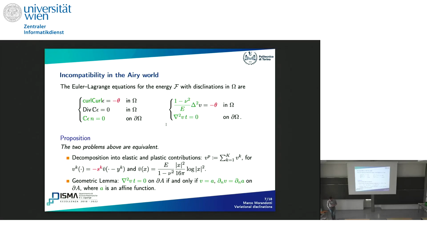And then we can also prove an interesting geometric lemma that says that the boundary condition here, so Hessian applied to the tangent equal to 0, holds if and only if the function v is the trace of an affine function at the boundary and its normal derivative is the normal derivative of that precise affine function.